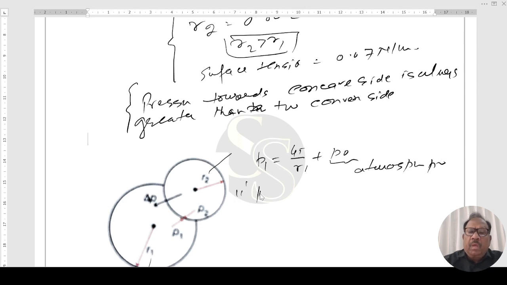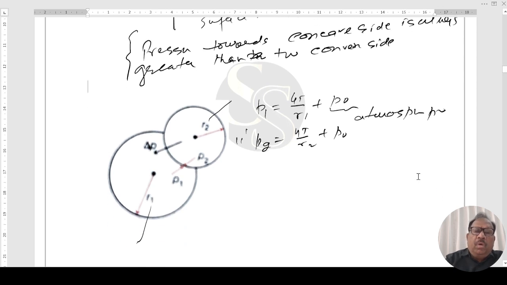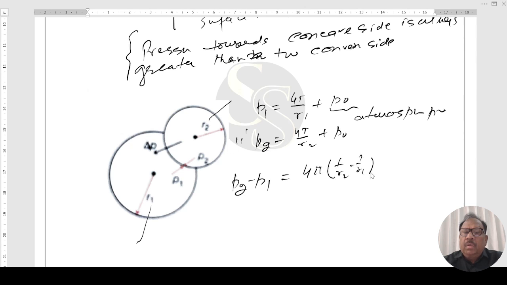Similarly, P2 will be equal to 4T by R2 plus P0. Right? Now, R2 is smaller. So P2 minus P1 will be equal to 4T (1 over R2 minus 1 over R1) plus P0 minus P0. This is cancelled out.